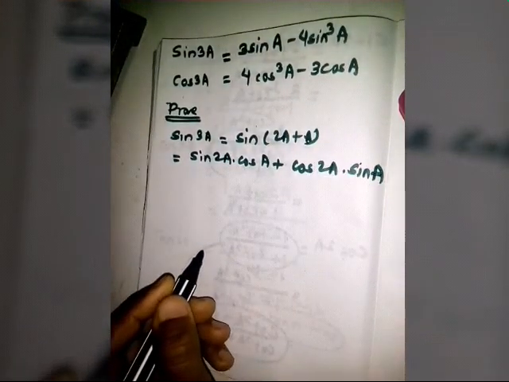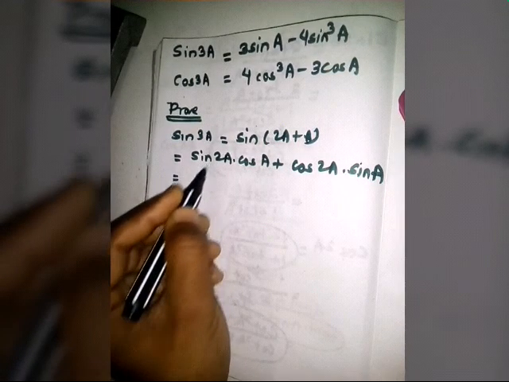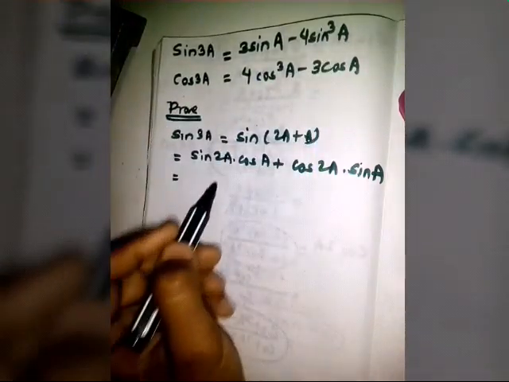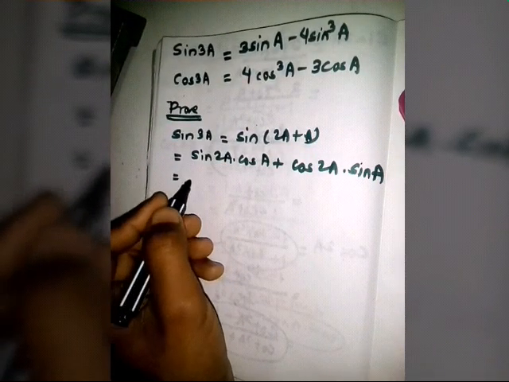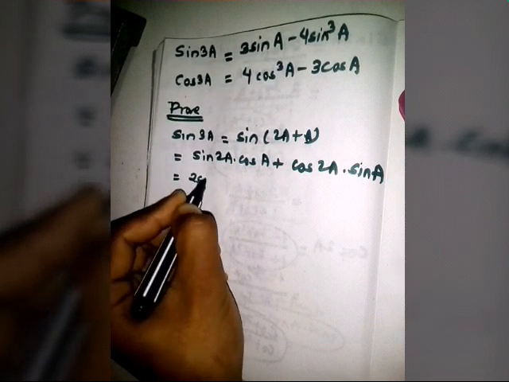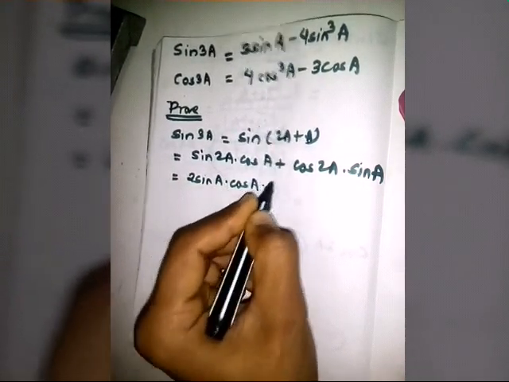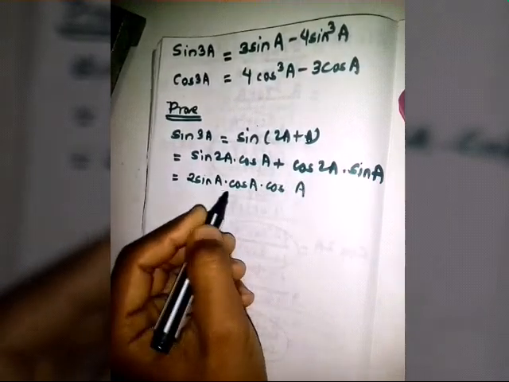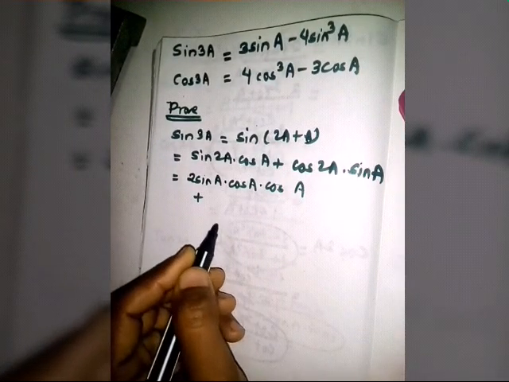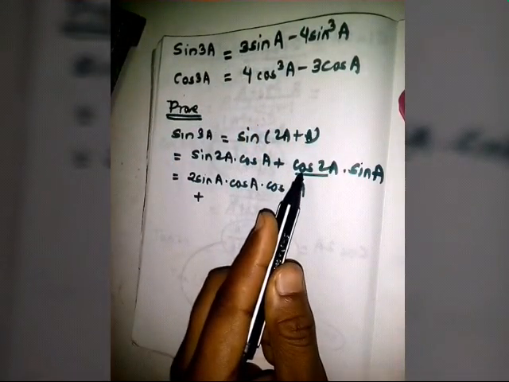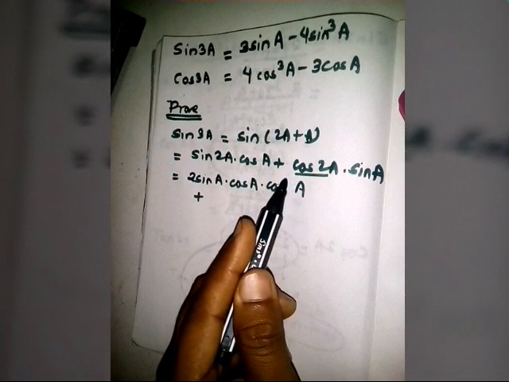Okay, we have that. Now let's open this formula, but in the proof we want only the angle a, not the angle 2a, so we have to decompose it. So this will be 2 sine a into cos a into cos a, plus cos 2a. Now in the formula there is only sine, so we have to express cos 2a in terms of sine only.